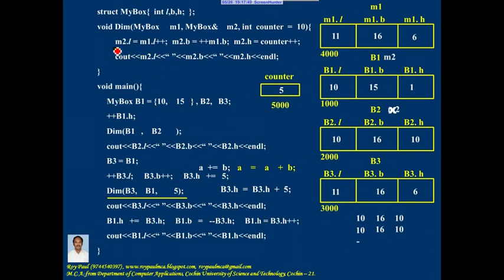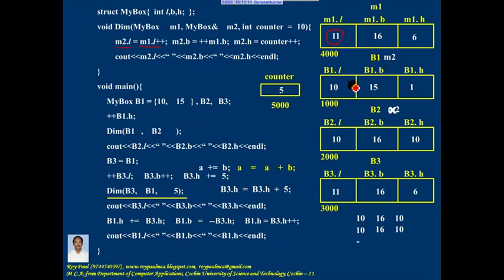Now inside the function, the first line: multiple operators are there, assignment operator and postfix. So you should apply the precedence rule. What is the rule of postfix? Use and change, which means m1.l should be assigned to m2.l first. So which is m1.l? 11.